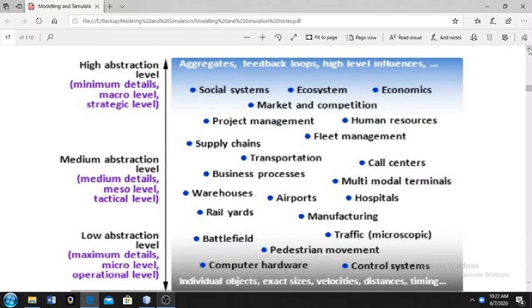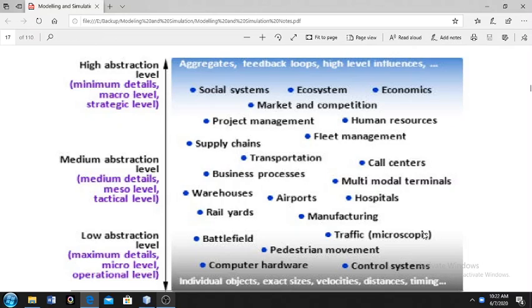Look at what you have here at the base: control system, computer hardware, battlefield, traffic. These are more manufacturing, more engineering.